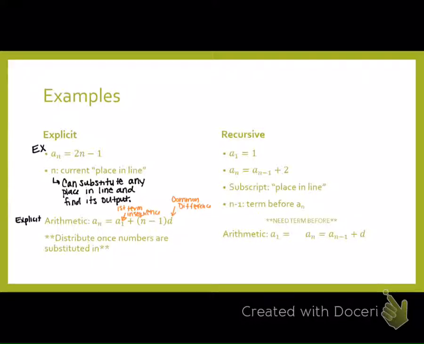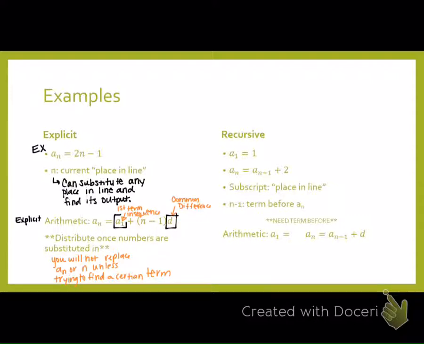So you will not replace a sub n or n unless trying to find a certain number term. So the only ones that we will replace are these two.